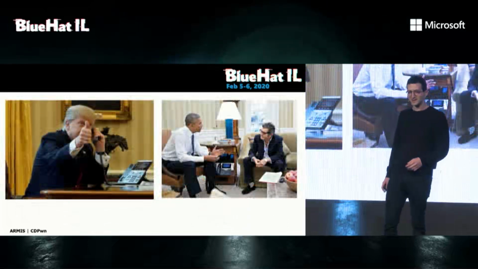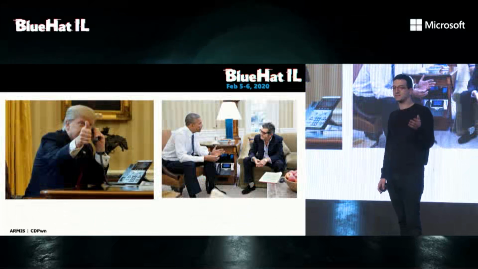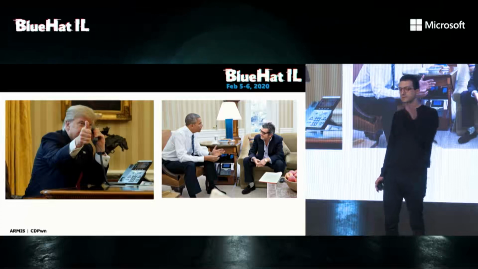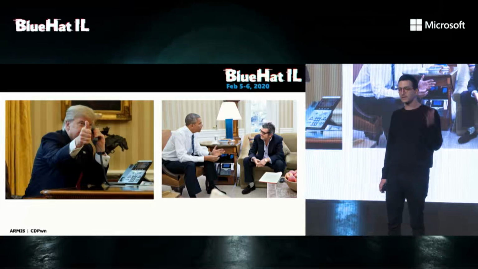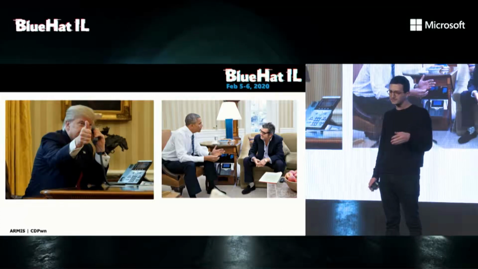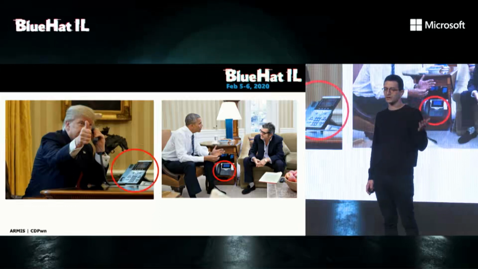These devices are used everywhere. The IP phones specifically are actually, I think, the most prevalent IP phones in the market. Cisco advertises that 95% of Fortune 500 companies use their IP phone solutions. And they are used in governments, in corporates.